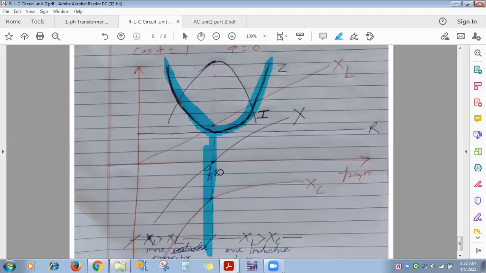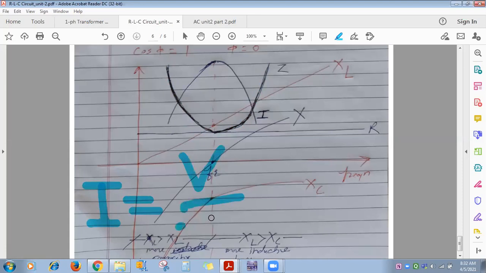Impedance is minimum. All of you know the formula of total current: total current is total voltage divided by total impedance. Z and I are inversely proportional here. So whatever is the nature of Z, that is U, the inverse of it will be the nature of current. So at resonance current is maximum.